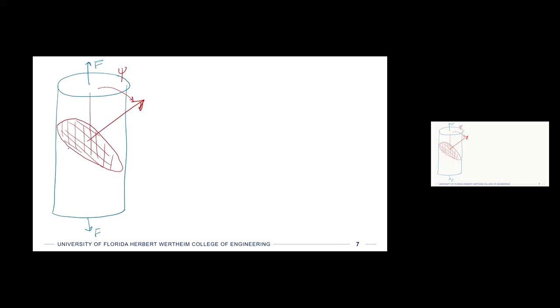Now, so that's our slip plane, and it doesn't have to be right there. It could actually be at any angle around, right? So it depends on if there's any defects in this or any on the surface or whatever, what angle that is, right? So it can be any rotational angle within there, but it is going to have its surface normal at some angle with respect to the force.